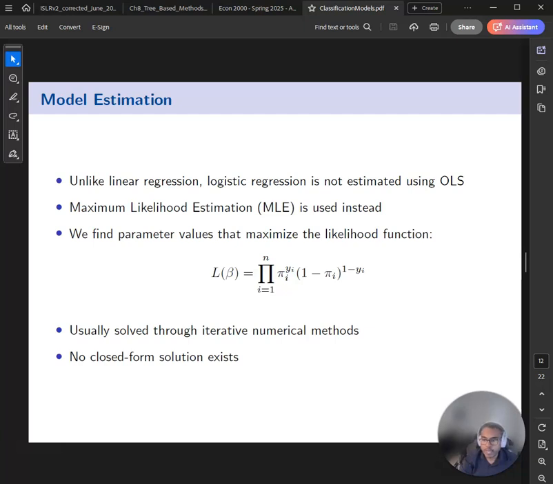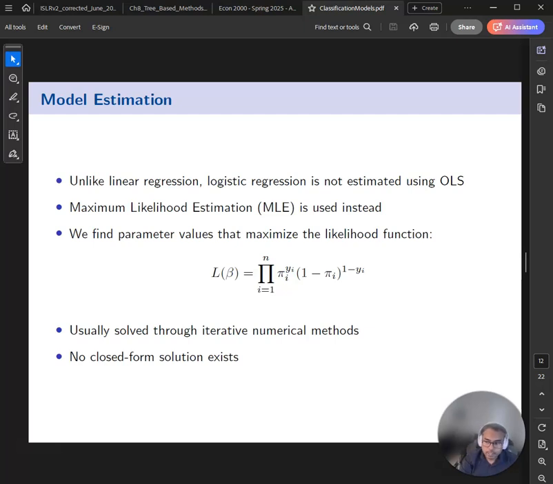Mathematically, we are trying to maximize the likelihood function shown on the slide as L of beta, which is a product from i equals 1 to n of pi raised to the power yi times 1 minus pi raised to the power 1 minus yi.